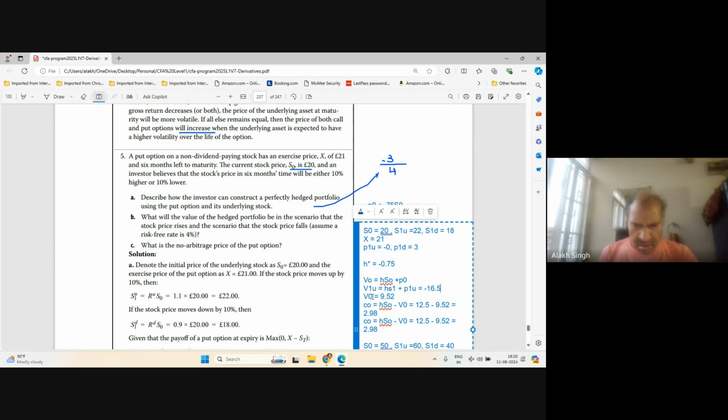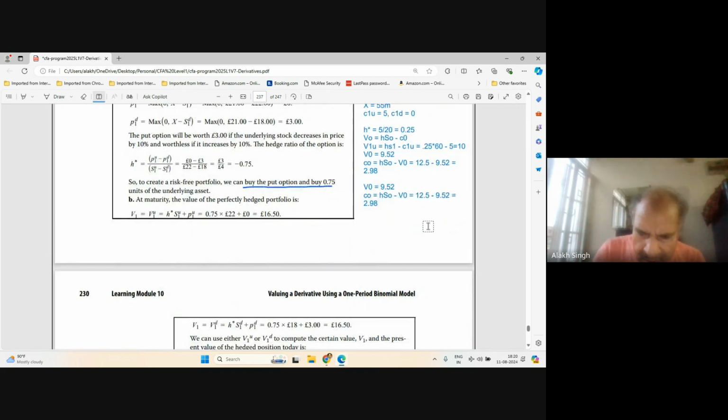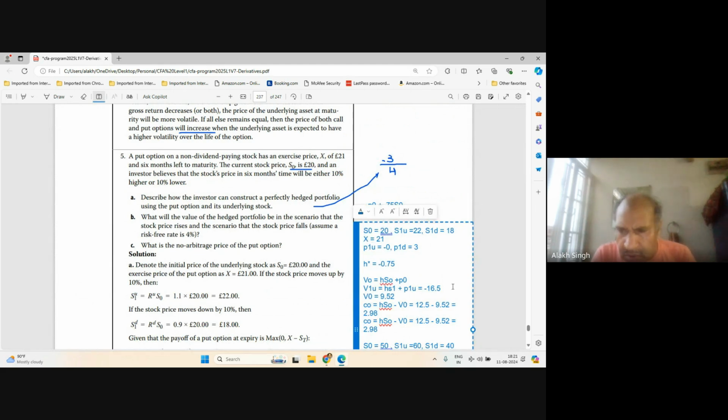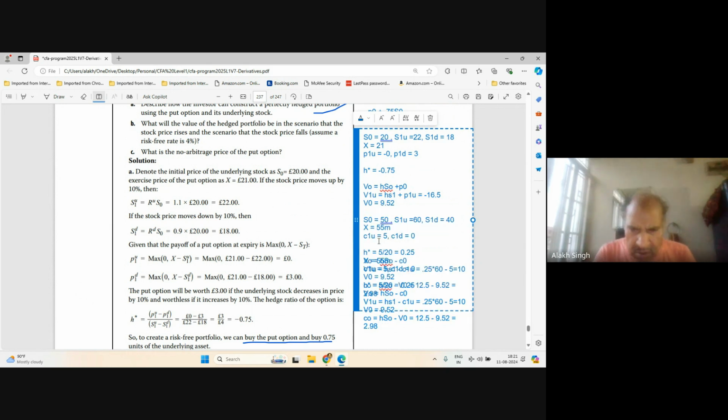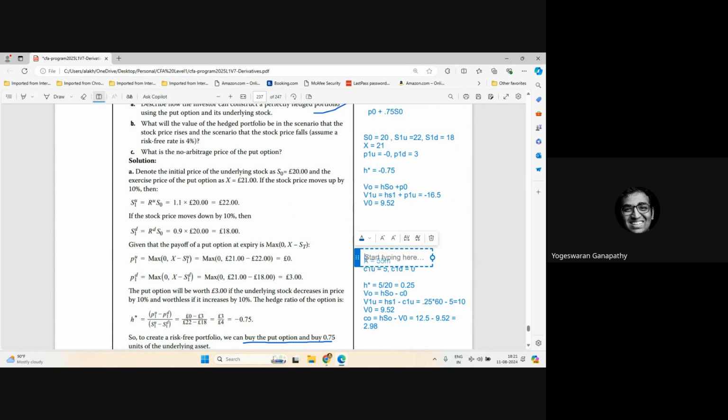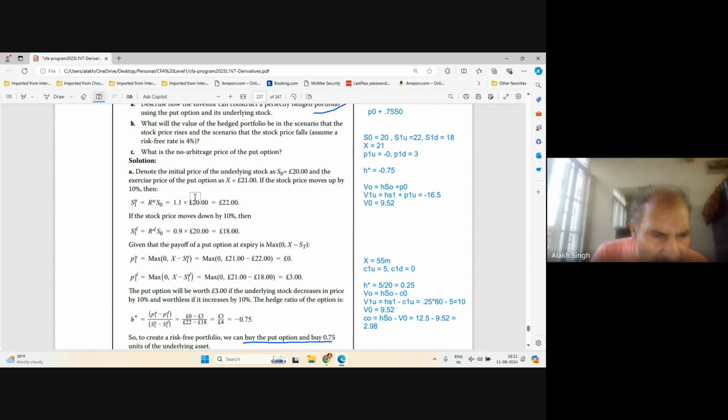V0 will be this discounted by 5%. Minus 16.5, how much does that come to? That needs to be discounted. So what is the rate? The rate is 4%. Yeah, the rate is 4%.